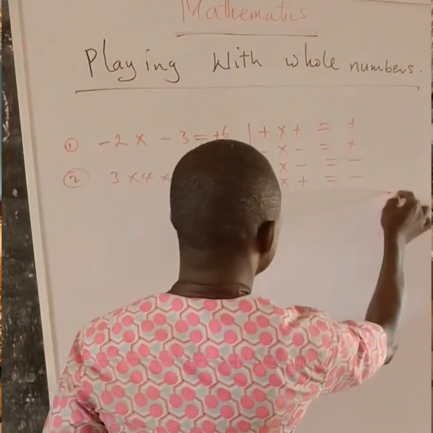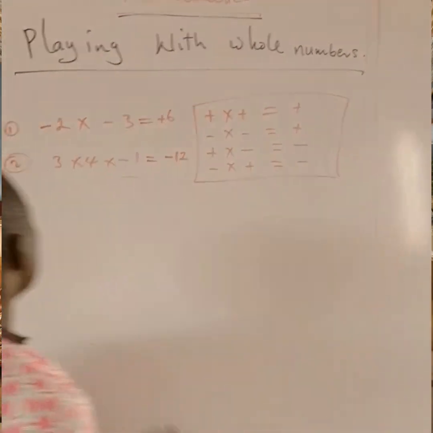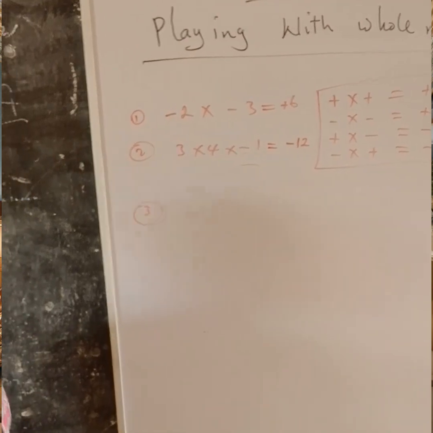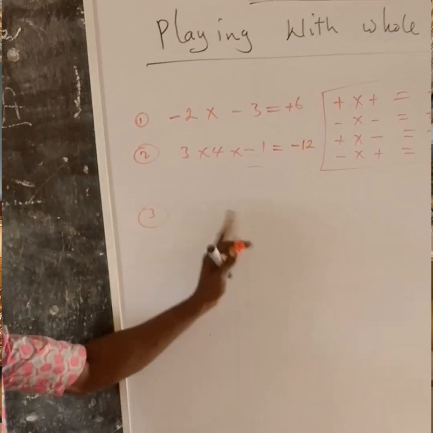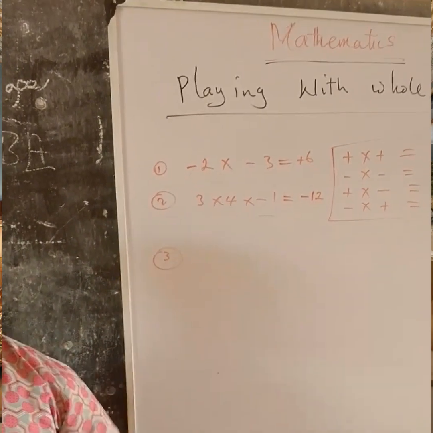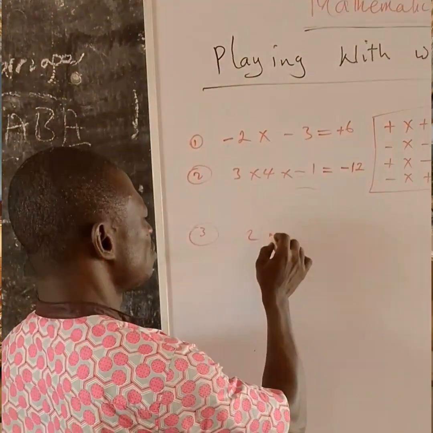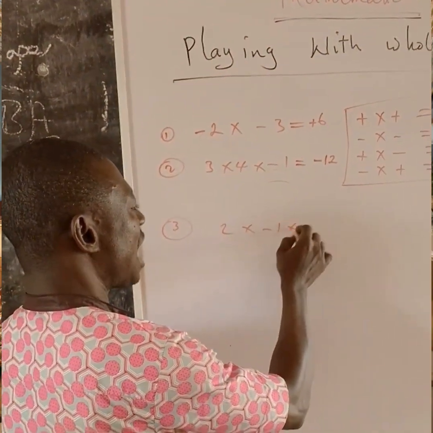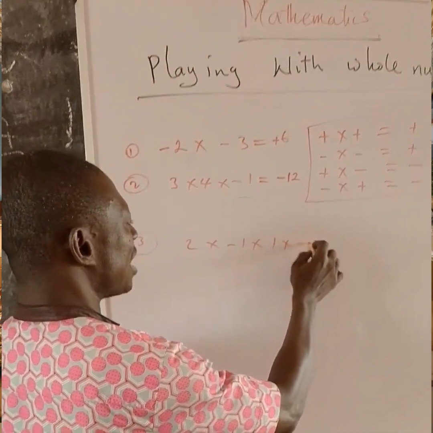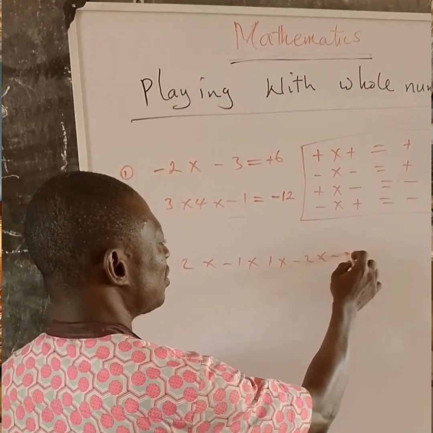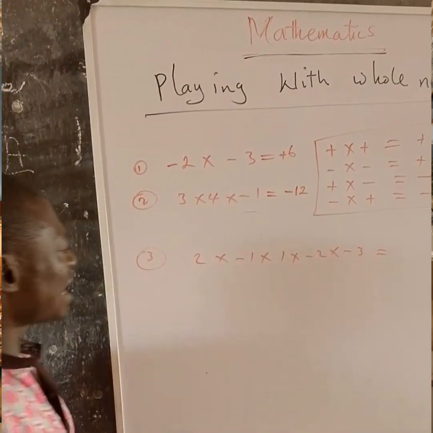Please, always note that even if we have 6, 7, 8, 9, 10 numbers and we're multiplying them, what we talked about here is also going to be applied. For instance, 2 times minus 1 times 1 times minus 2 times minus 3. What will it give us as our last answer?